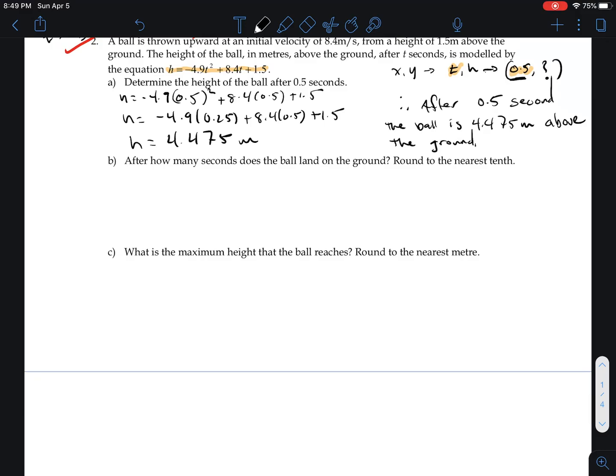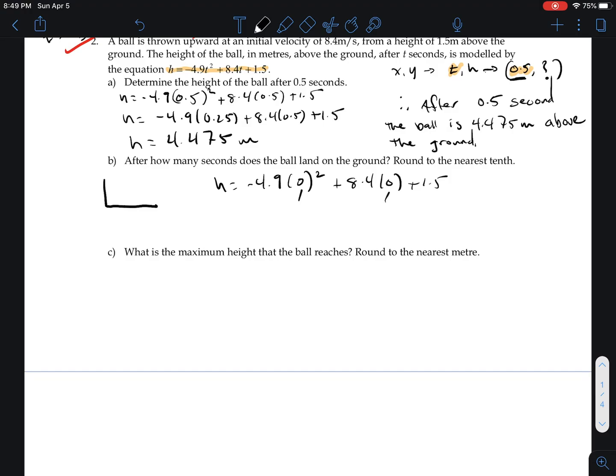Now, it should also be noted that if I were to plug in, and this could be a question I ask you, like this could be part A of a different question, if I asked you from what height was the ball thrown, well then you could go H equals negative 4.9 multiplied by 0 squared plus 8.4 times 0 plus 1.5.